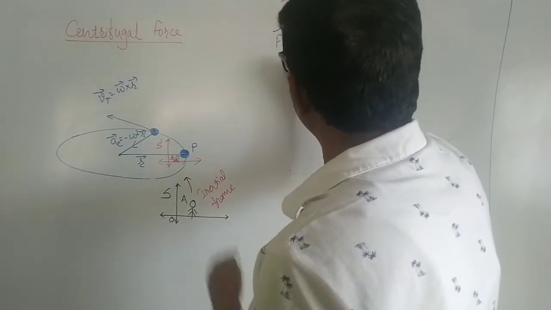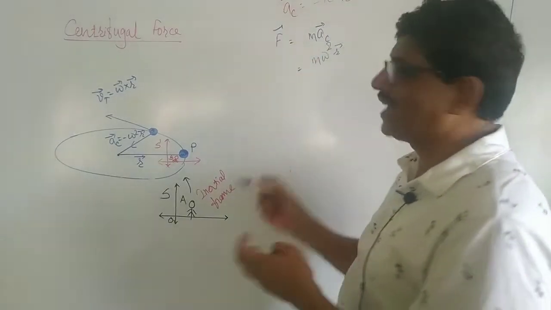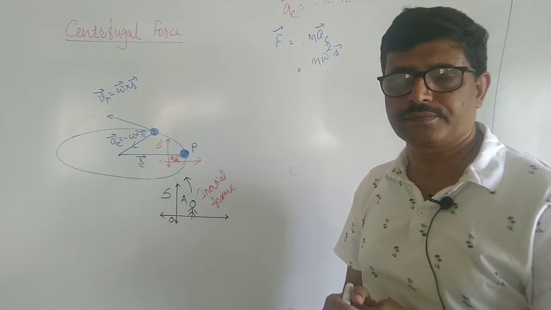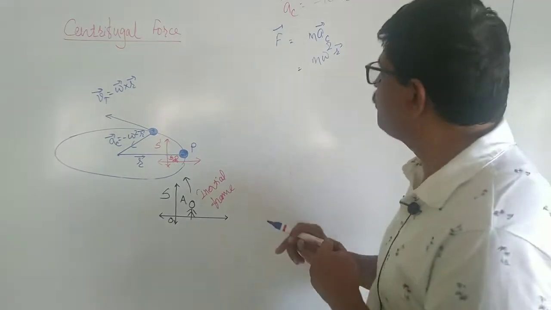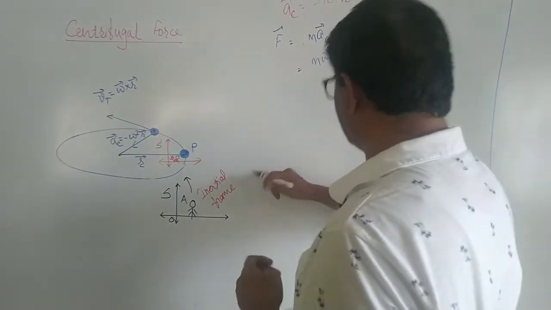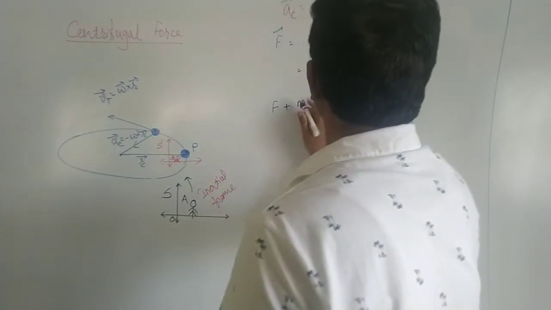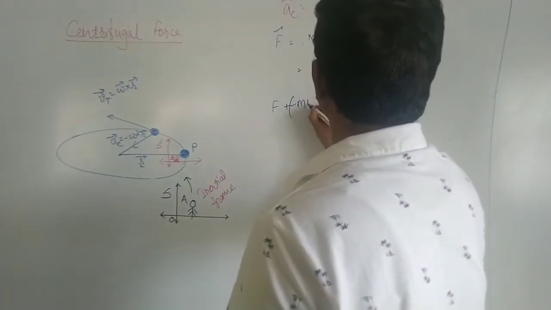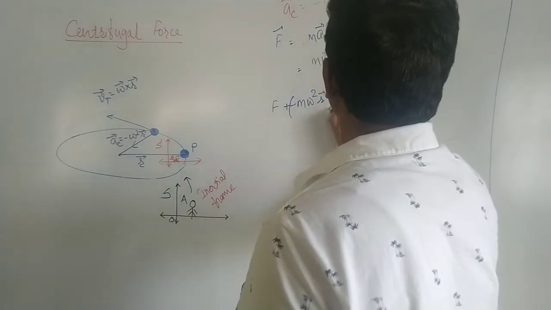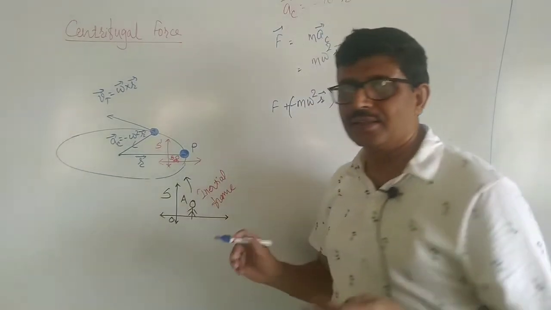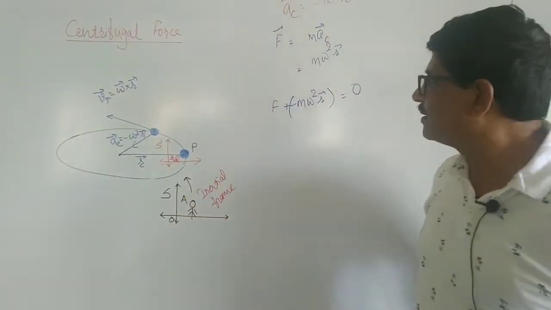This is the pseudo force that we have to consider in the accelerated frame of reference. This pseudo force together with the real force, which is minus omega square vector r, the centripetal force, will make the person feel that the object is at rest.